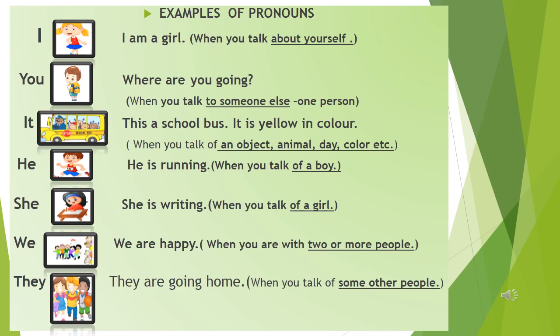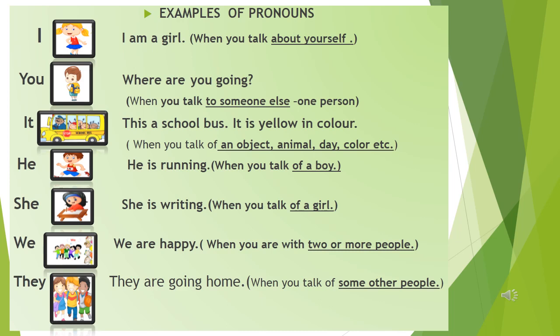It is not necessary that you have to write the name of the boy again and again, or the name of a girl again and again. You do not have to repeat the naming words. All you do is you remove the naming word, and instead of the naming word you use the pronoun he or she according to their genders.